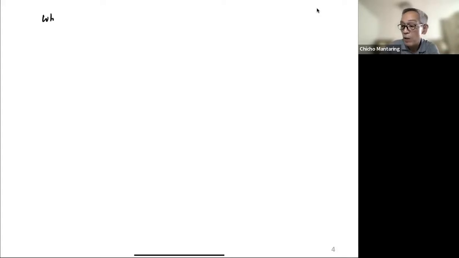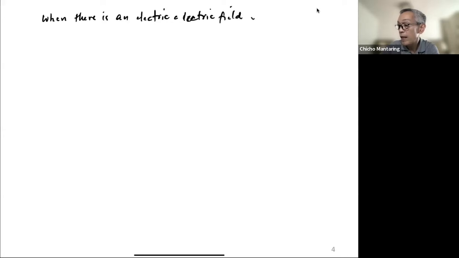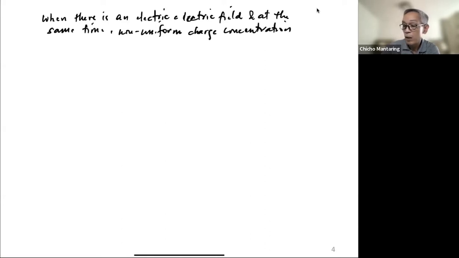Okay, when there is an electric field and at the same time a non-uniform concentration, then your J total will be equal to J diffusion plus J drift.